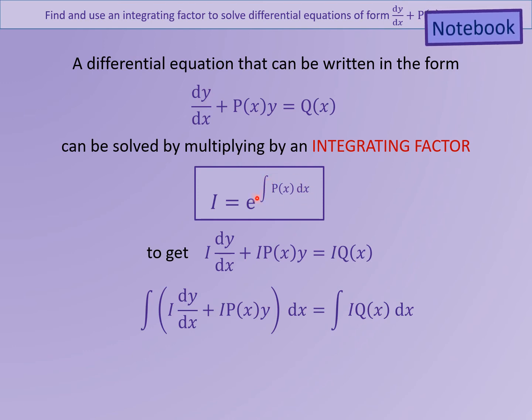The differentiation of the integral will cancel out, leaving you just p of x times e to the whatever. That's exactly the same as this. That's the beauty of the exponential function. So we can just call that I as well.